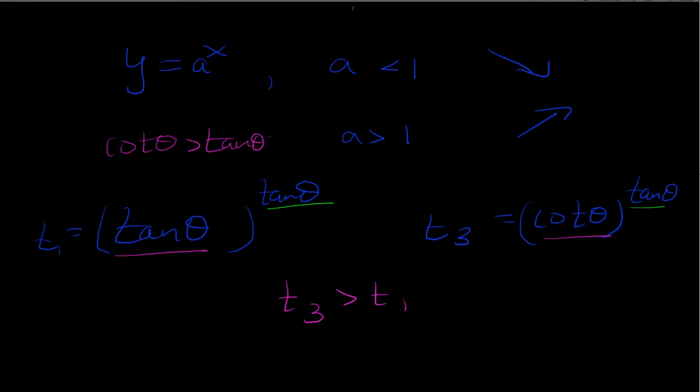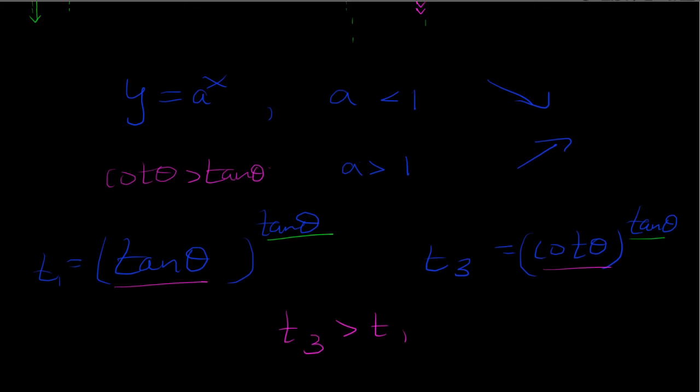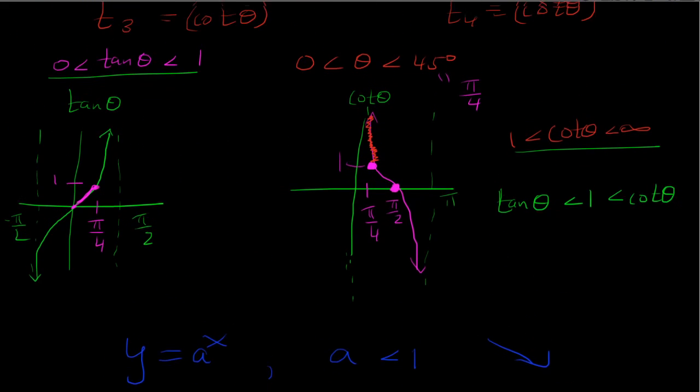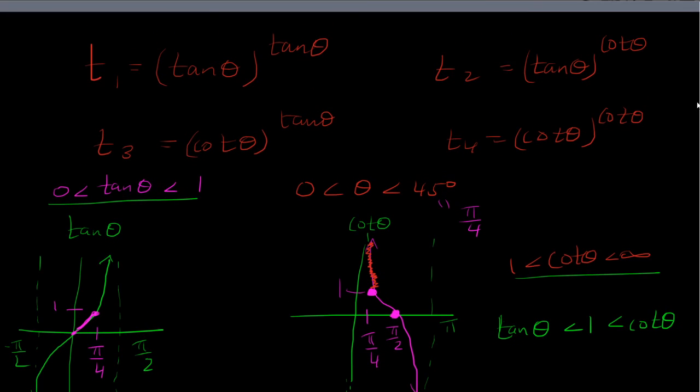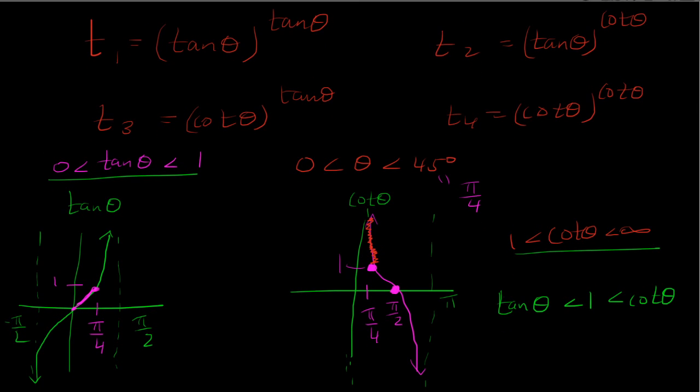All right, now let's look at the other ones. So we have t3 bigger than t1. Let's look at what the biggest one is. Well, obviously, I want the biggest base and the biggest exponent. So from tangent and cotangent, the biggest value would be cotangent.